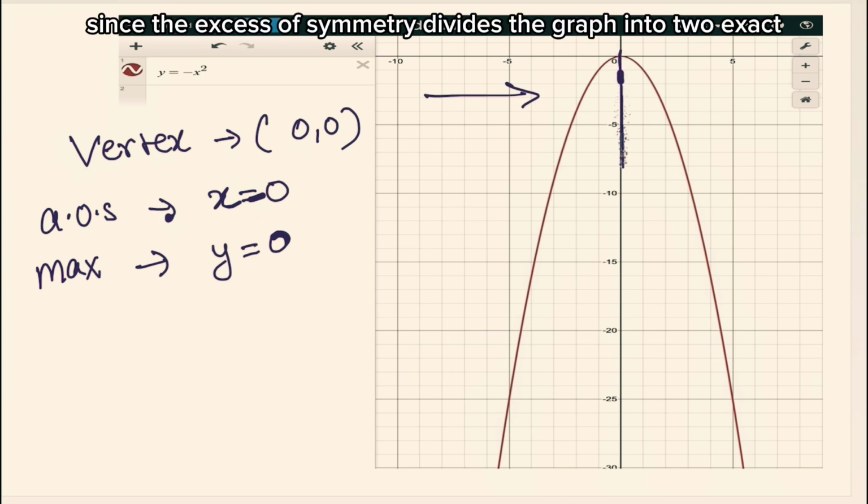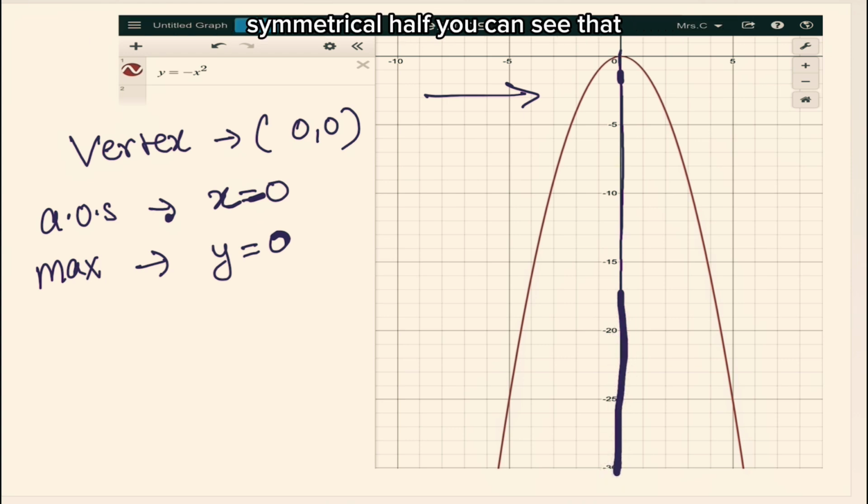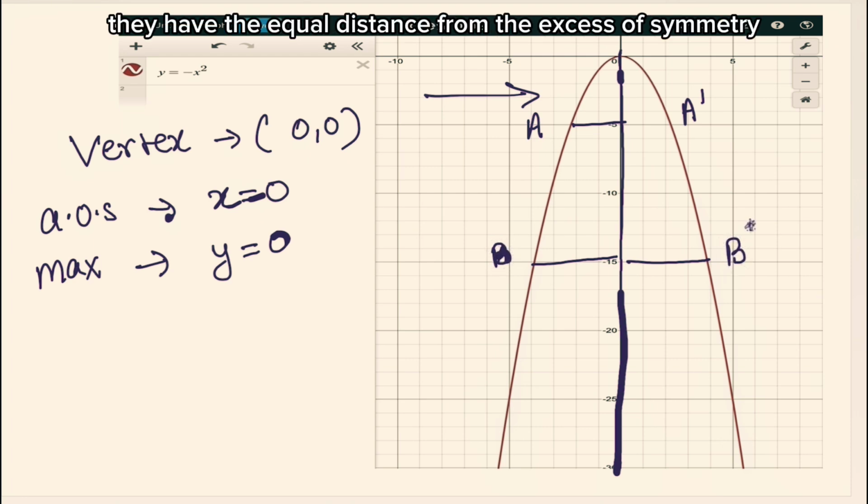Since the axis of symmetry divides the graph into two exact symmetrical halves, you can see that the points on the left and on the right side are reflection points of each other. They have equal distance from the axis of symmetry.